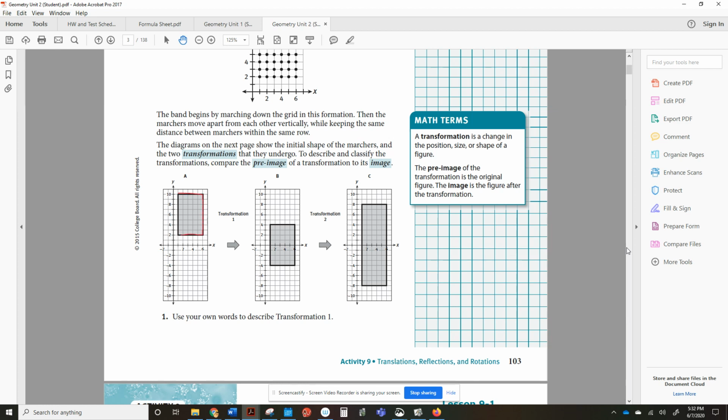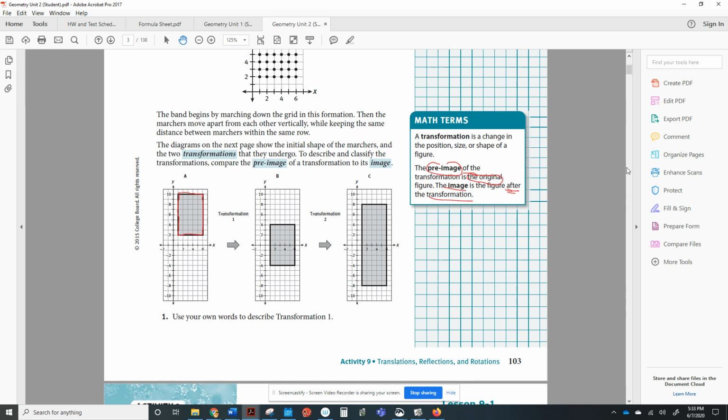If you pay attention to the vocabulary over here, the original figure is called the pre-image. The pre-image is the original, and then the image is after the transformation.